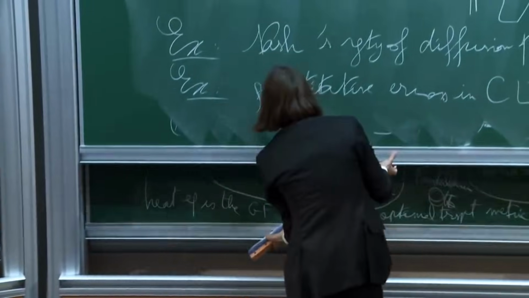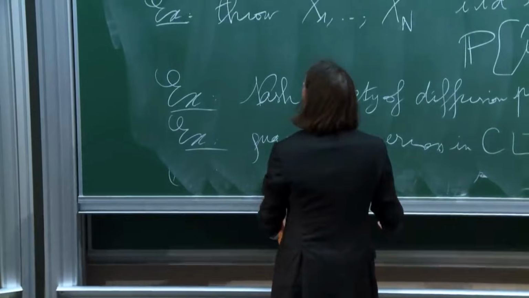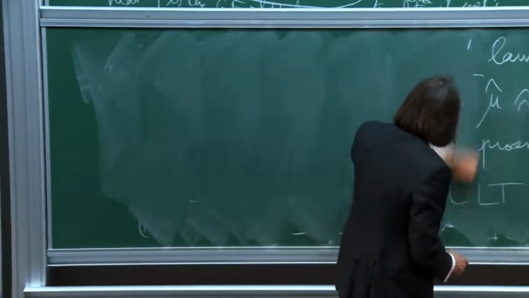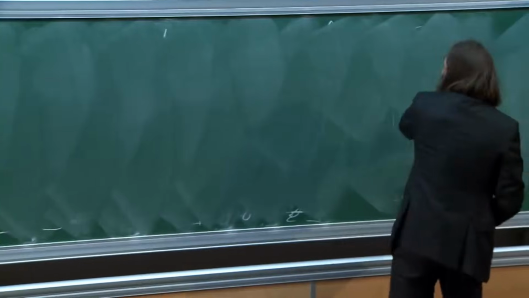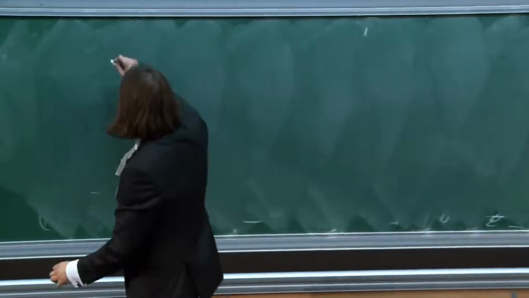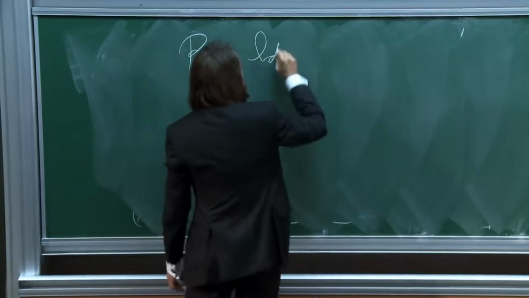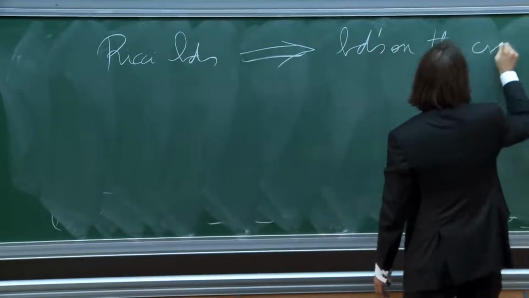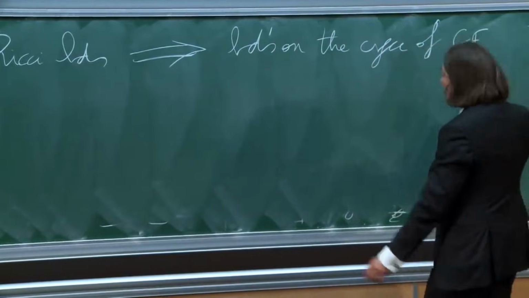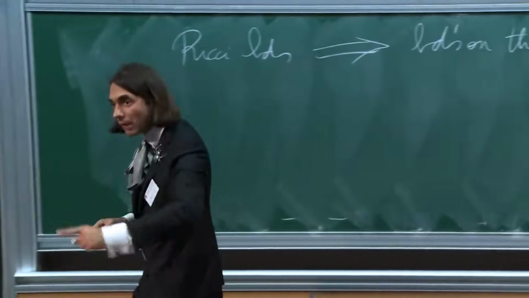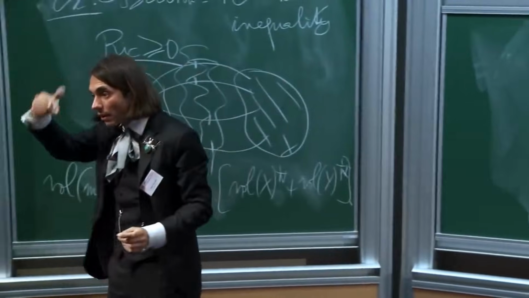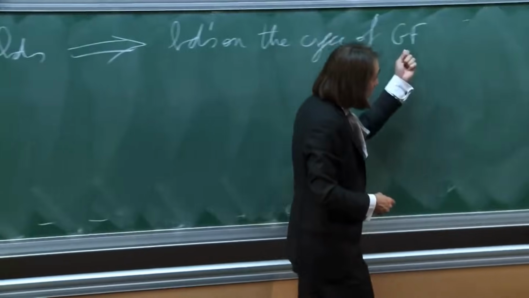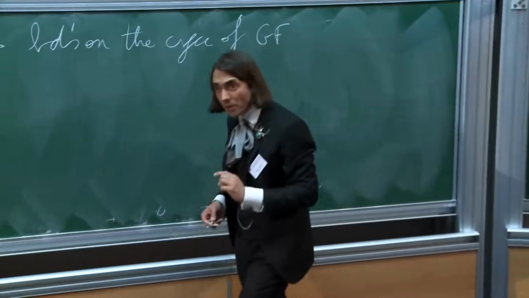Other applications, and here we will be closer also to the spirit of the previous talk. Ricci bounds also imply bounds on the convergence of gradient flow. It was recalled in the past talk: if you have a uniformly convex function, then you look at the gradient flow in there, the convergence is exponentially fast. You can see this as a geometric property, and the condition, in fact, is Ricci bounded below by a positive number.